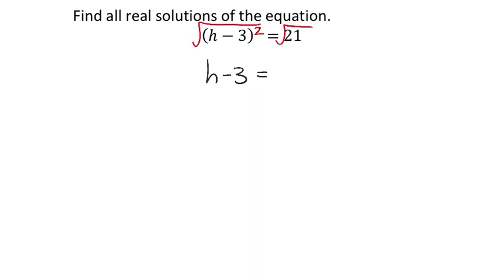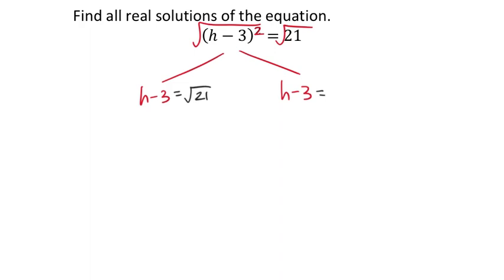But I guess I should at this point, this is where I would split this up. Okay, so I have h minus 3 for both. But they're going to equal not just the square root of 21, but also the negative square root of 21. Okay, because we're expecting to see 2 answers now.